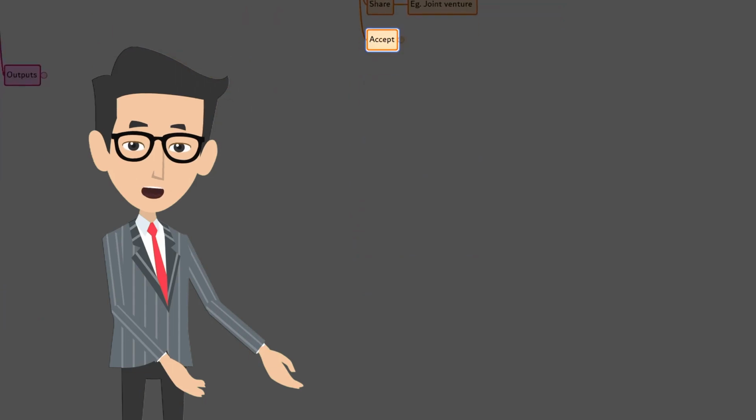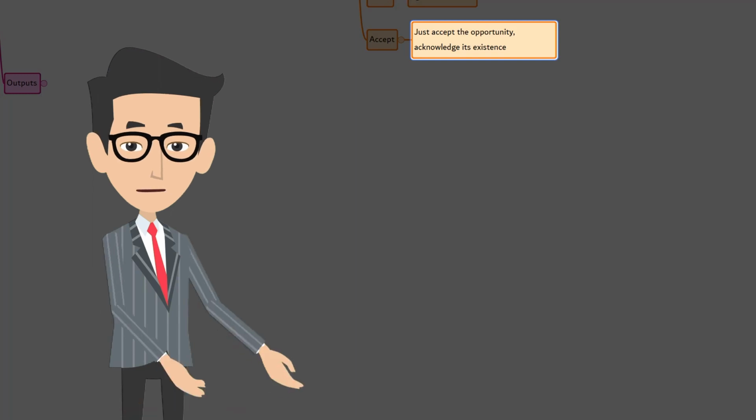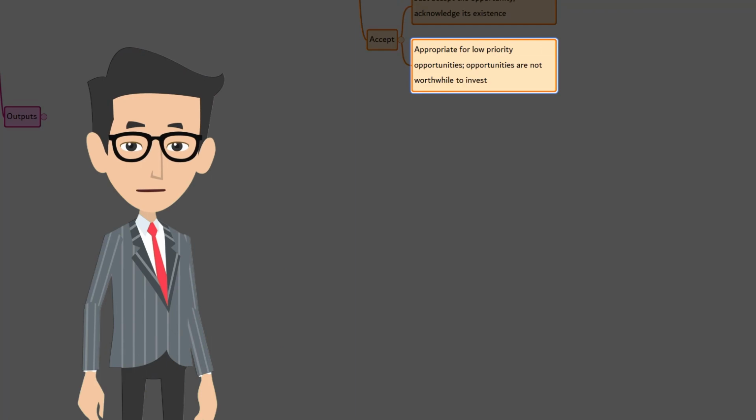The next strategy is accept. In accept, you just accept the opportunity and acknowledge its existence. You don't take any action, you just leave it as it is. This strategy may be appropriate for low priority opportunities, where it may not be worthwhile from a cost perspective to pursue the opportunity further.